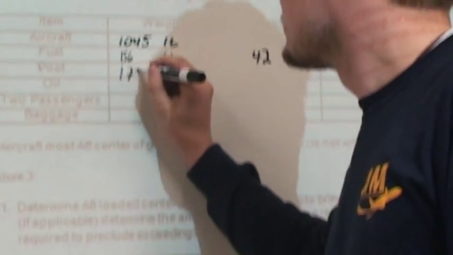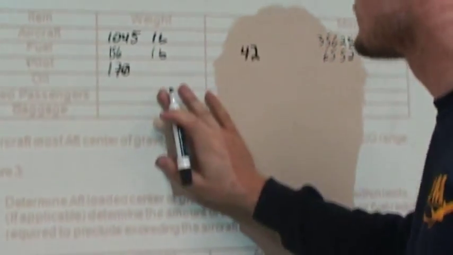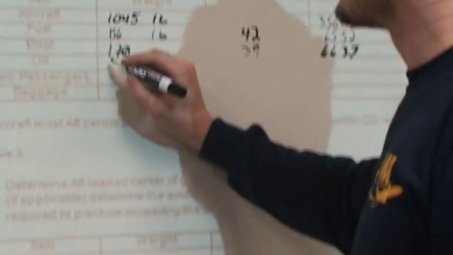And then our pilot is necessary and after the CG range. So we do that, and he's located at 39. His total moment is 6630. Oil is necessary.